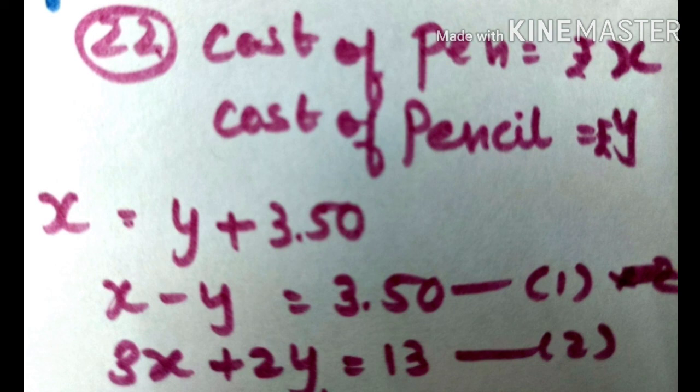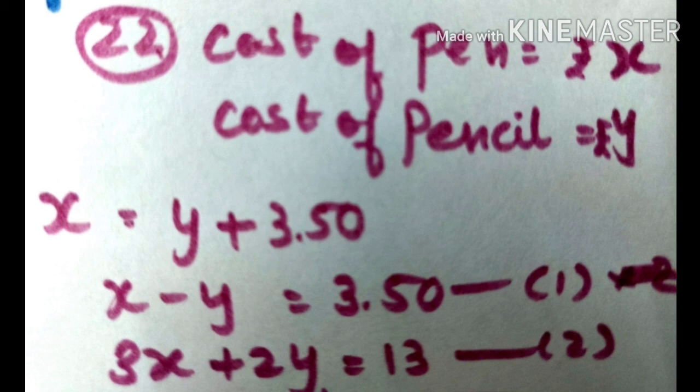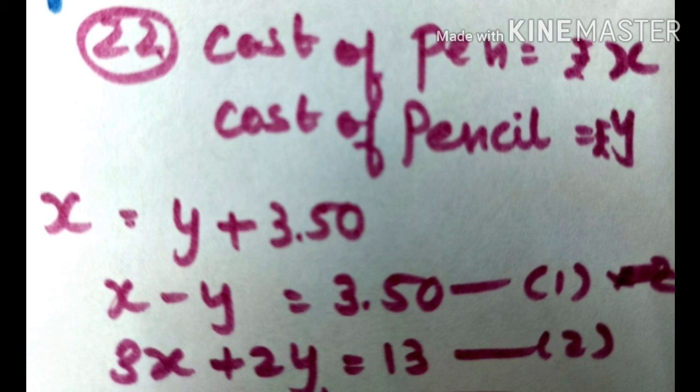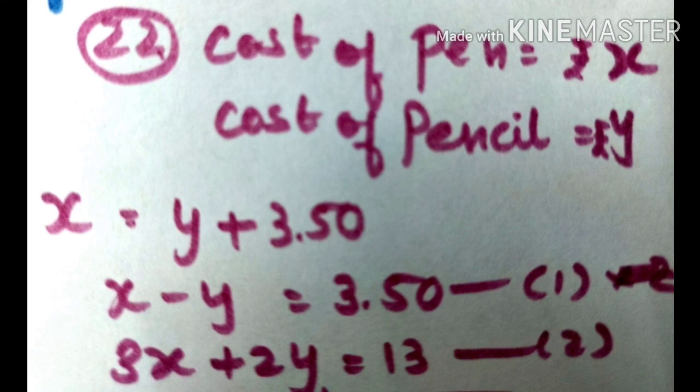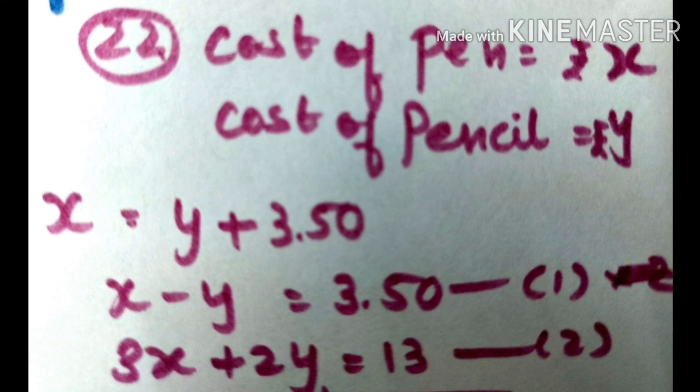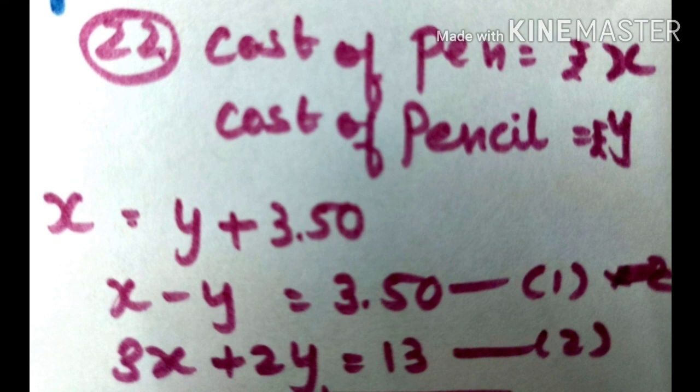So let the cost of a pen be rupees x, and the cost of a pencil be rupees y. Now the first equation: a pen costs x, which is 3.50 more than a pencil. The pencil's cost is y, and 3.50 more means plus 3.50. So the first equation is x minus y is equal to 3.50.